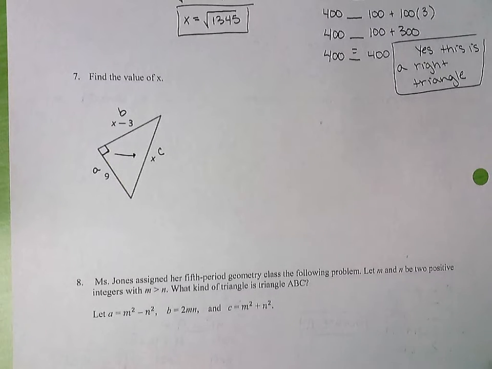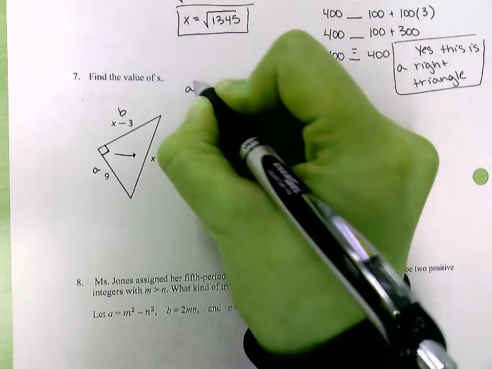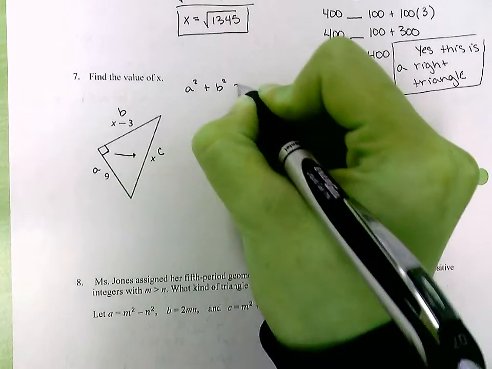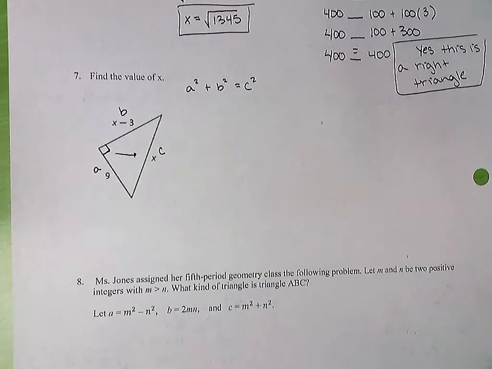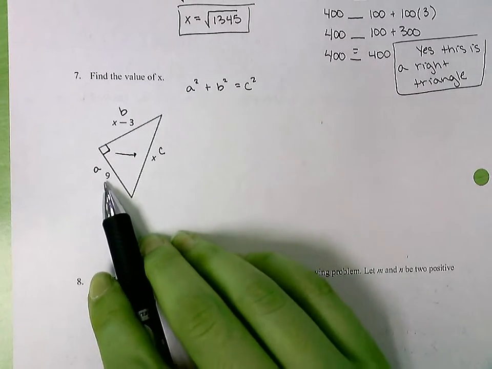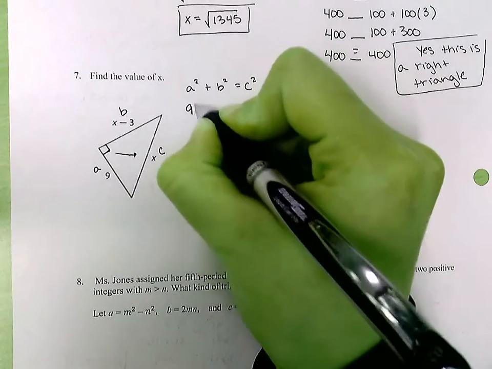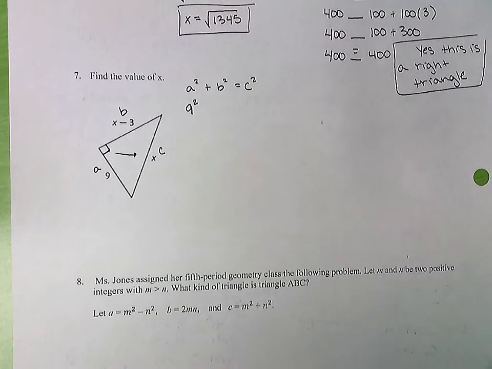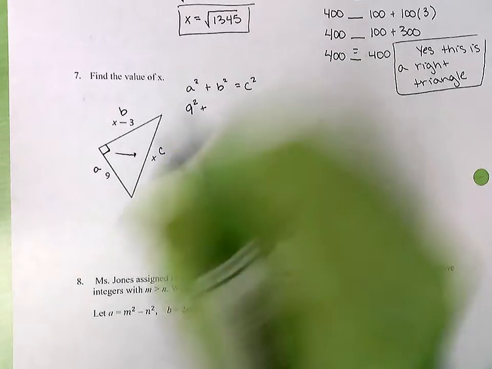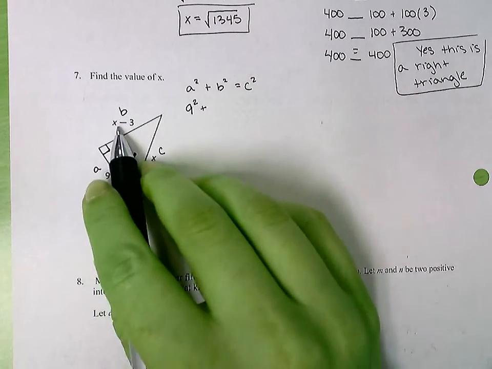Now I want to plug it into the Pythagorean theorem here. So A squared plus B squared equals C squared. I have my A value as 9. So I have 9 squared, plus my B value is x minus 3.